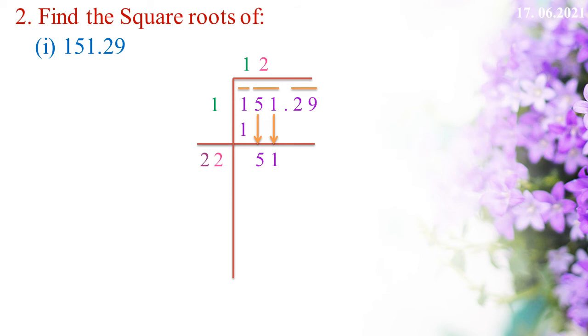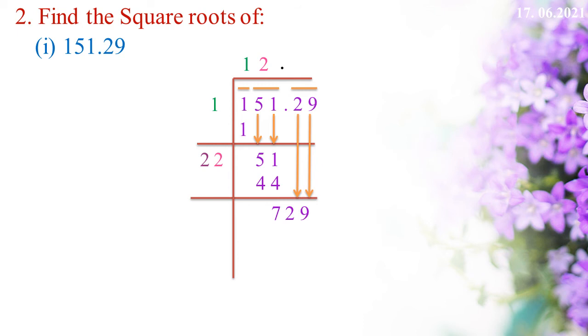Now, multiply 22 and 2. We will get 44. Now, subtract 44 from 51. We will get 7 as the remainder.